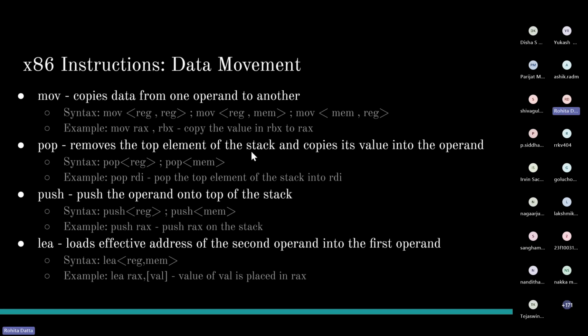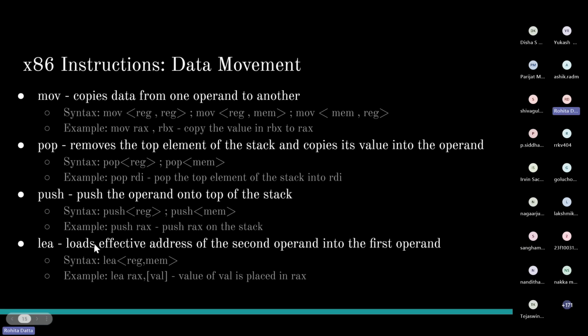So that's important to remember. Anytime you remove an element, the RSP is incremented because you're going back to a higher address. Anytime an element is added, the RSP is decremented because you're going towards low memory addresses.